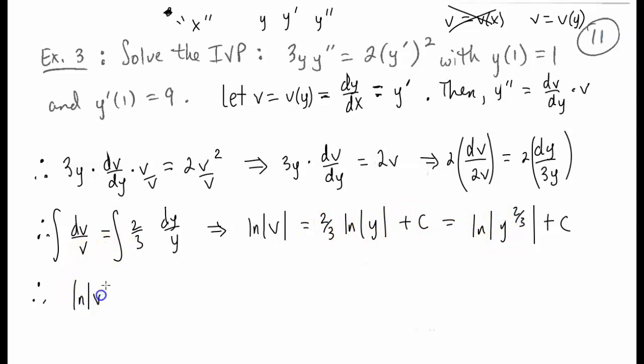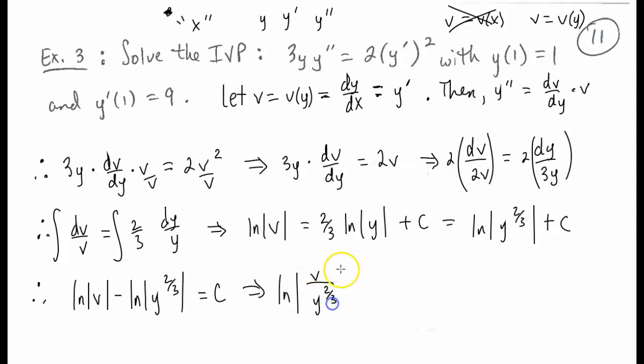If I do that, what I'll end up getting is what you see here, and this will just be equal to some constant. Now, using the logarithm properties, I could rewrite this as natural log of absolute value of v over y raised to the 2/3 equals a constant. And then from there, change this logarithmic equation to an exponential one.